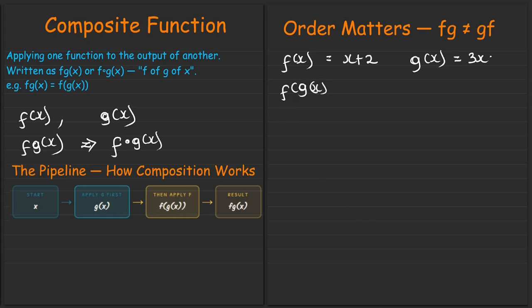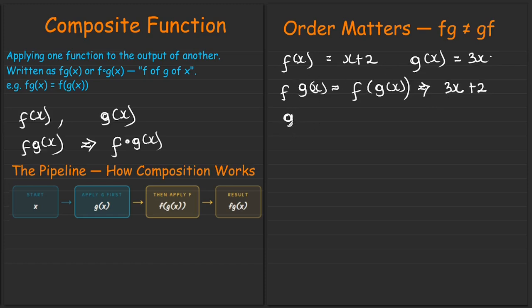It simply means anywhere we see the x value, we put the whole of g of x there. So we rewrite it as f of g of x, which gives us x, where the x now is all of g of x, so 3x, then plus 2. This is f of g of x.